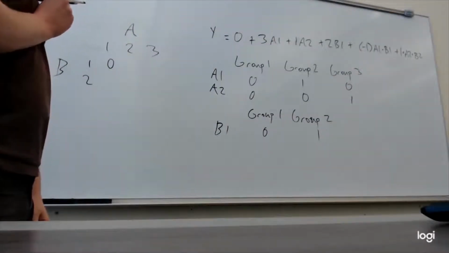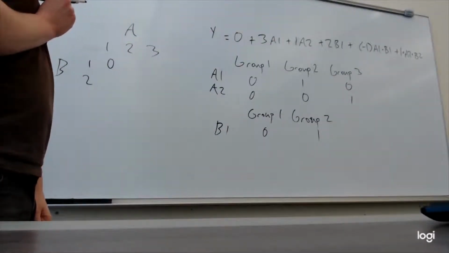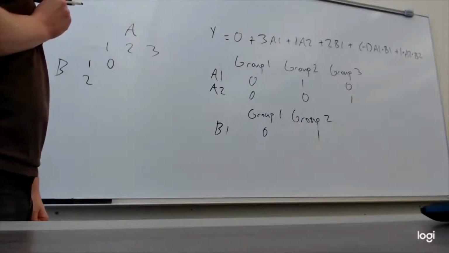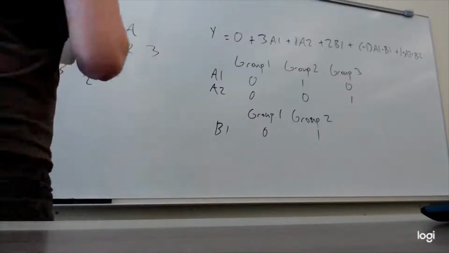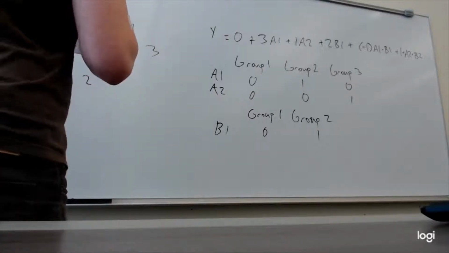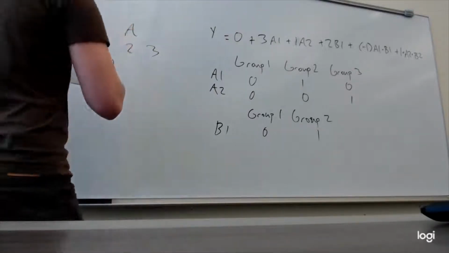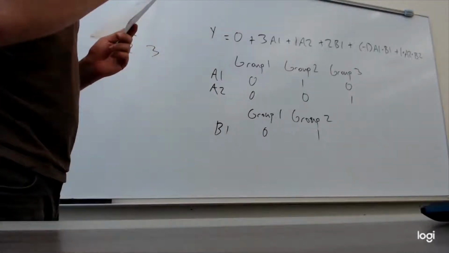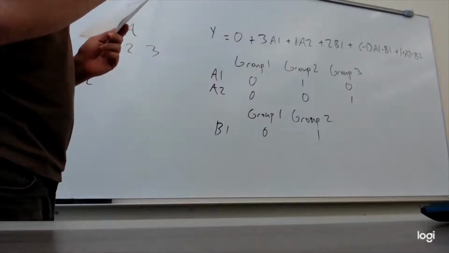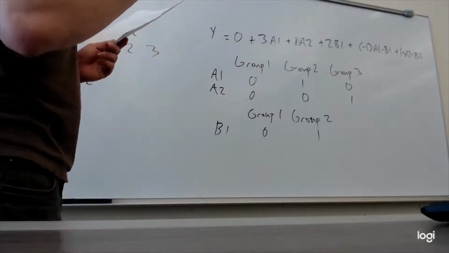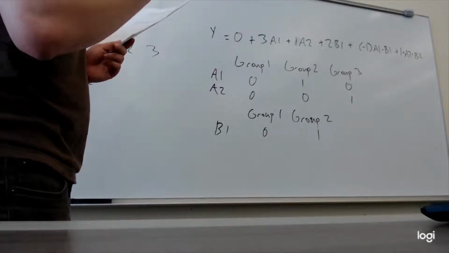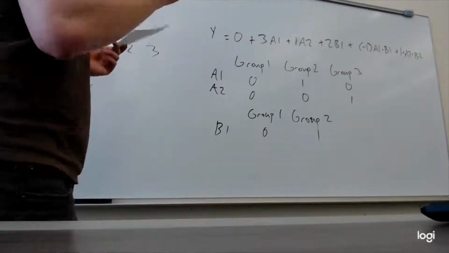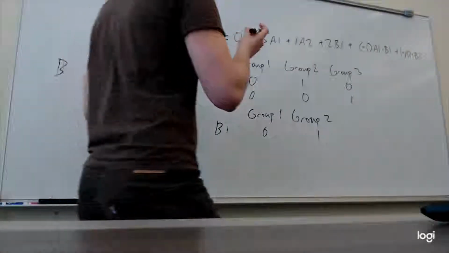Would you subtract group 1 from group 2 at level A1? Sure. So I suppose I could say, subtract 0 from 1 and then multiply by coefficient 3. Sure, that would be one way I could do it.